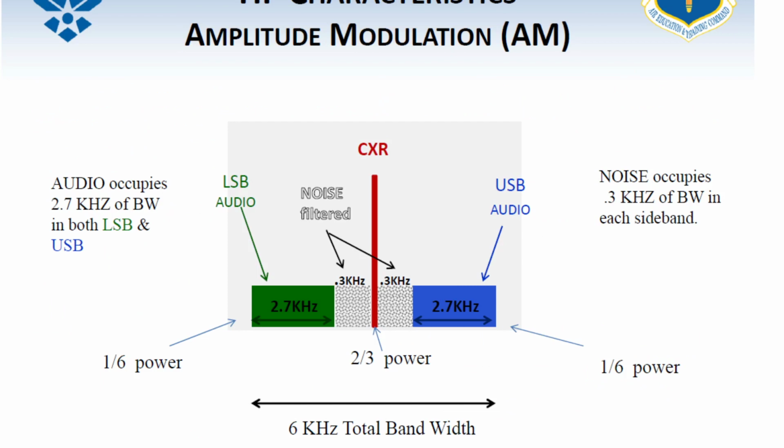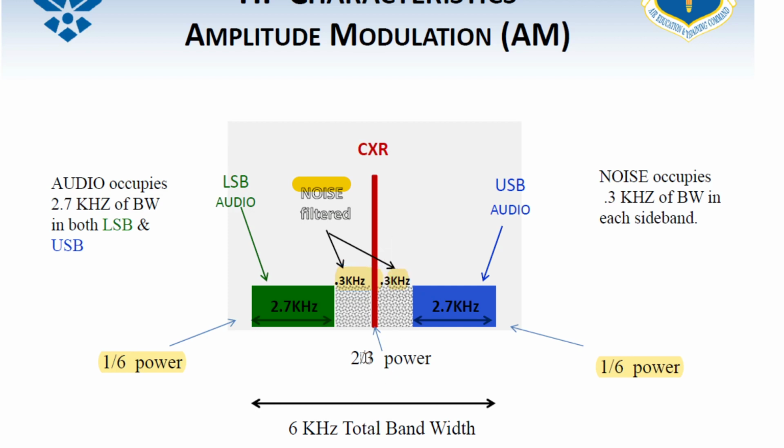Okay. So this is a picture to show you that we've got a total of 2/3 power inside our carrier. And you see the 1/6 power for our upper and our lower sideband. Noise occupies 0.3 kilohertz of bandwidth in each sideband. That's that little gray dotty spot right beside the carrier.